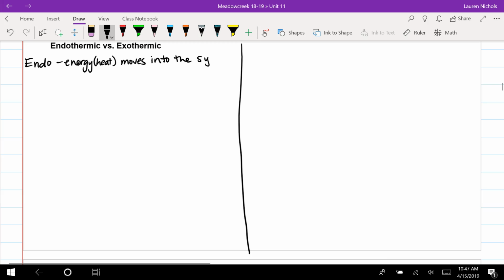Another way of saying moves into would be is absorbed by the system, whereas an exothermic process is when energy moves out of the system. Another way of saying moved out, the opposite of absorbing, would be releasing.